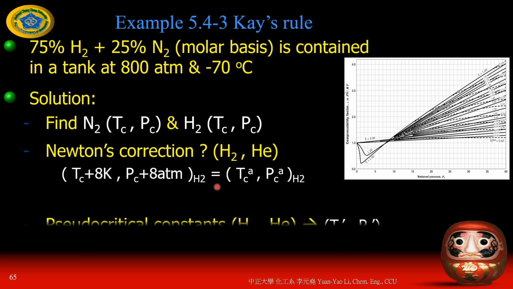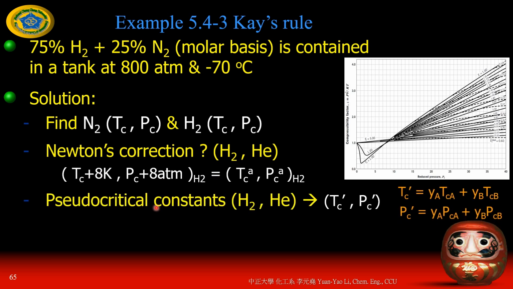And then you start to do what? Pseudo-critical constants. So you have pseudo-critical temperature and pseudo-critical pressure, and you have the ratio, so you know the fraction. This is 3/4, this is 1/4.